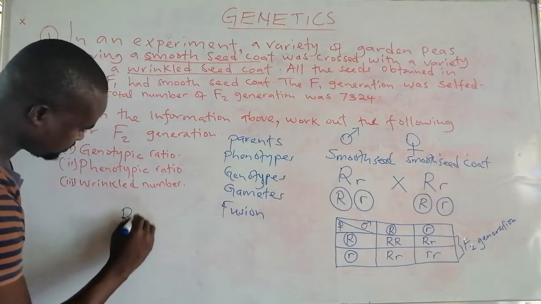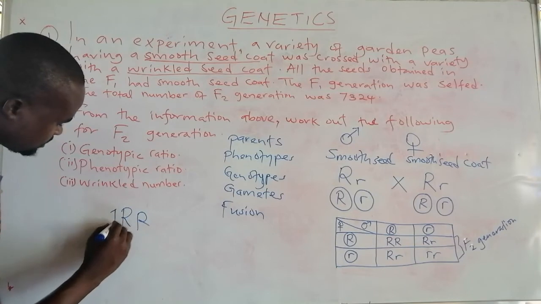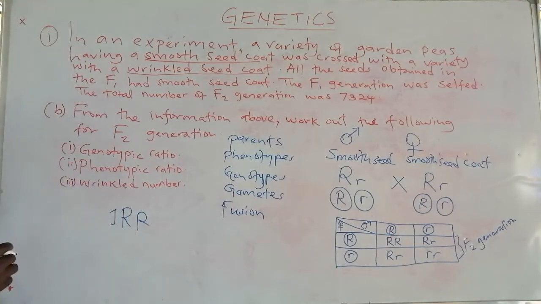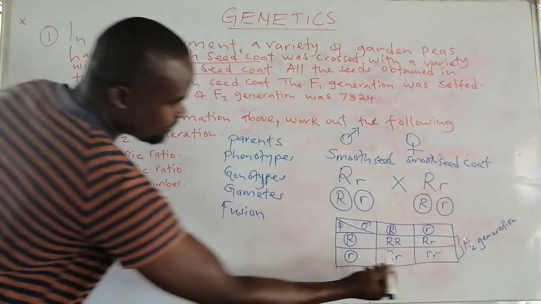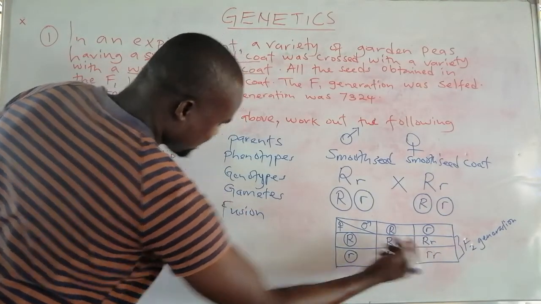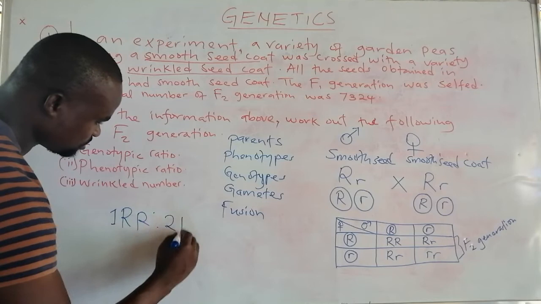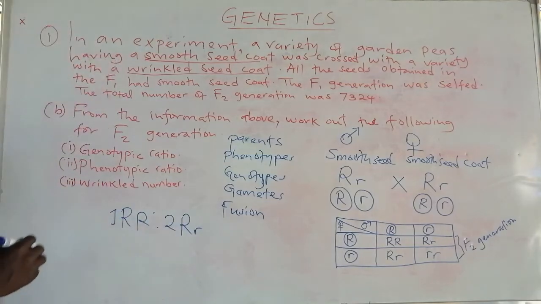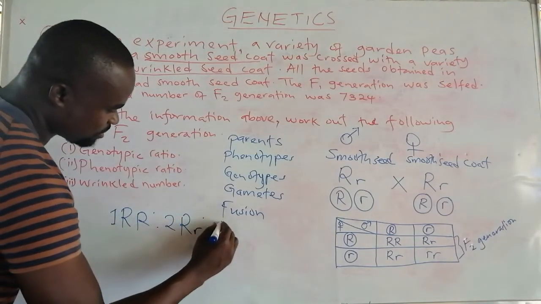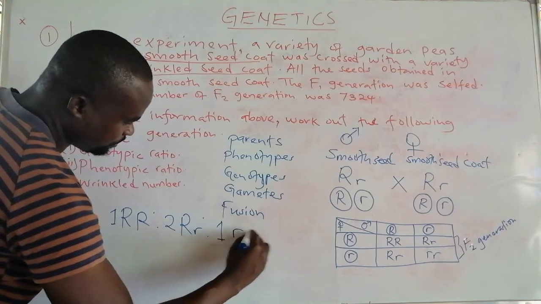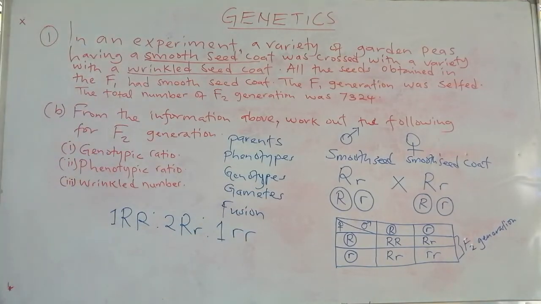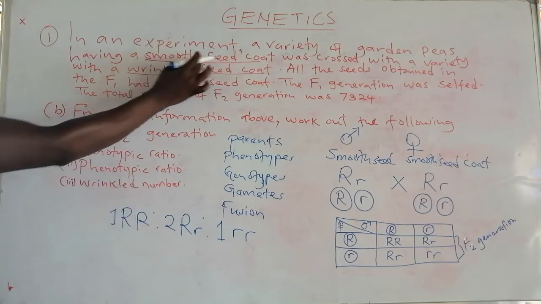this one homozygous smooth seed coat. Then we have two heterozygous, and then we'll have one recessive. So this one represents homozygous smooth seed coat.